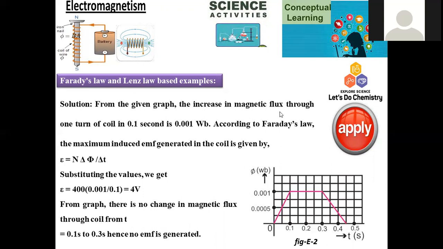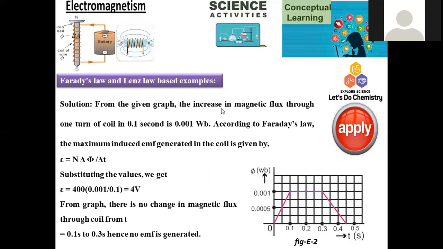From the given graph, the increase in magnetic flux through one turn of the coil is given by 0.1. Here the x coordinate indicates the time, and the y coordinate is given by the flux value in Weber, right?